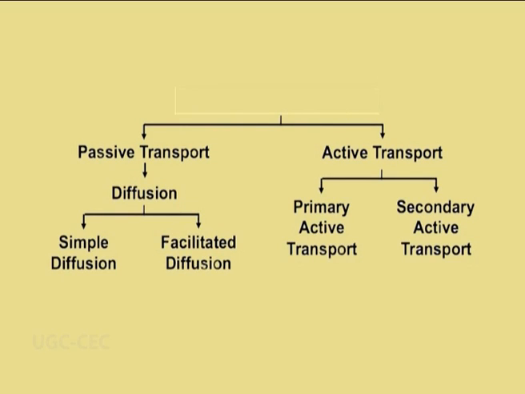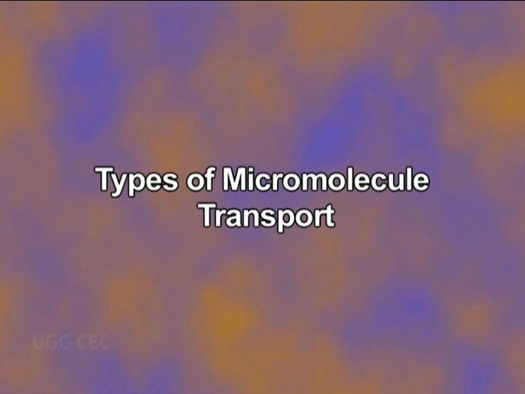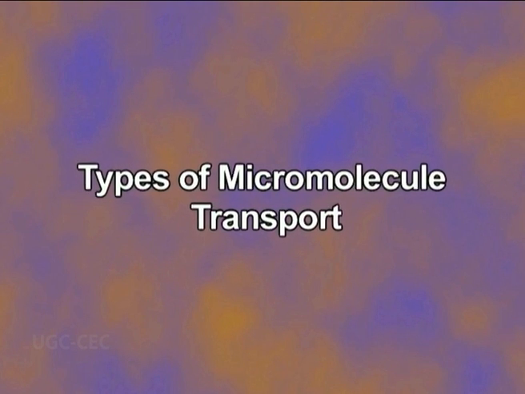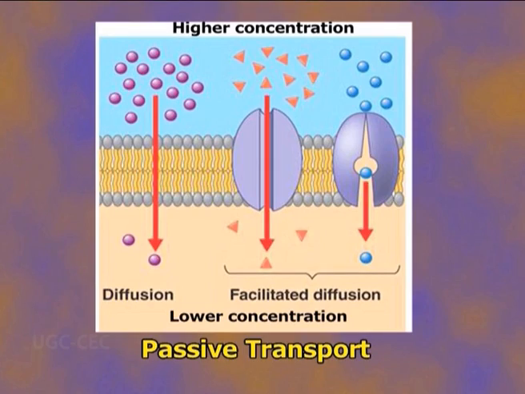Now, first, we will see the different types of micromolecule transport. Depending upon the expenditure of energy required, the micromolecule transport can be classified into two types. Number 1, passive transport. It is movement of molecules from higher concentration to lower concentration across the plasma membrane, either spontaneously or by mediating some carrier protein, without expenditure of energy.